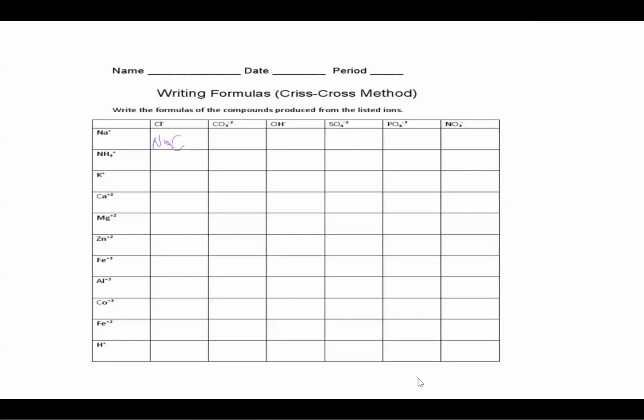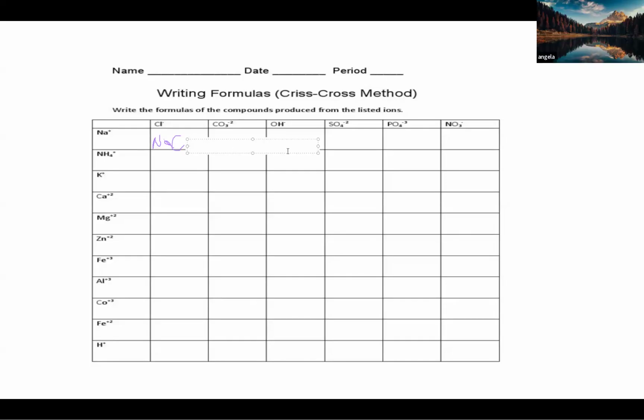You just click on it. Okay, so then for NaCl, we see that Na has a charge of 1, Cl has a charge of 1, so it's just going to end up being NaCl. That'll be what that one is.